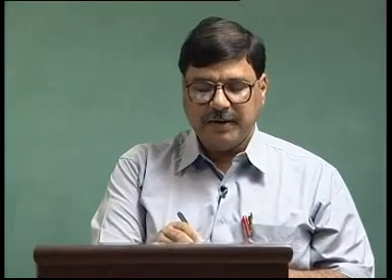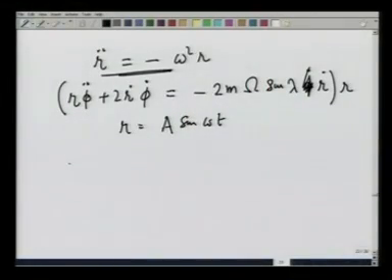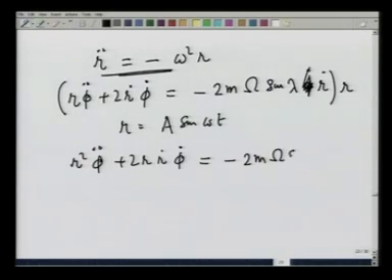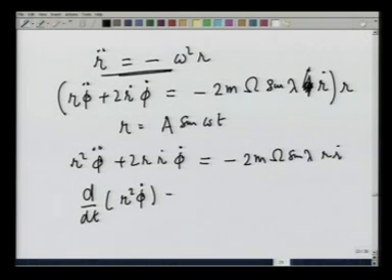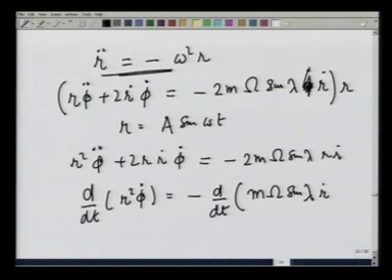To solve the second equation, I multiply the whole thing by r to get r square phi double dot plus 2 r dot phi, this is phi dot, is equal to minus 2 omega sine lambda r dot, and this I can write as d by dt of r square phi dot equals minus d by dt of omega sine lambda r square.